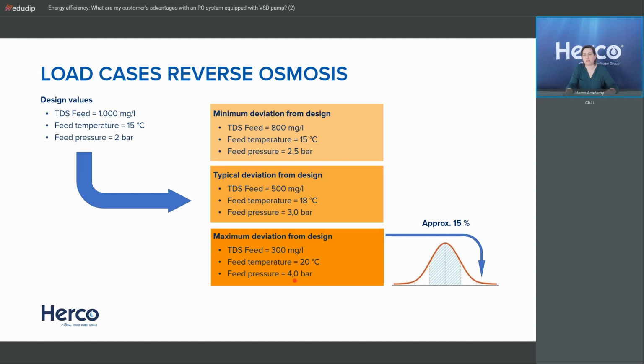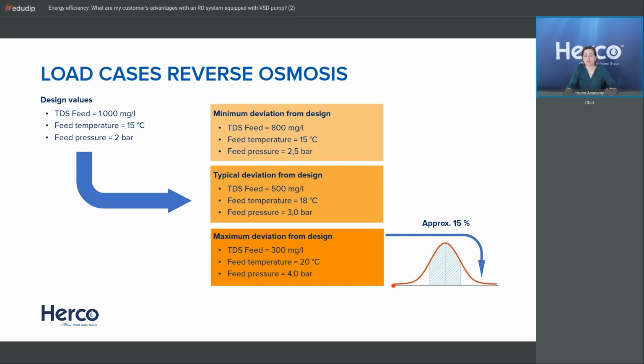If we go in that direction and say the TDS is higher, you need a different unit, because this is the maximum, right? Then you need a brackish water unit. If the feed temperature is lower than 15, you will not get the permeate flow rate that the unit has, because you need a higher pressure.